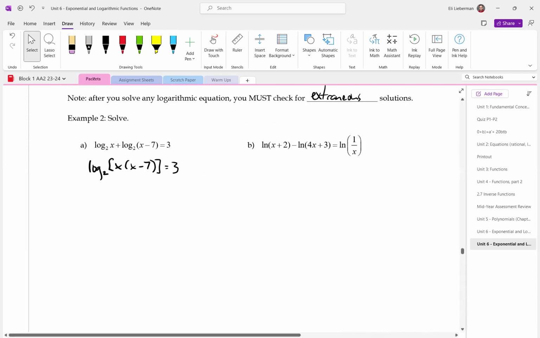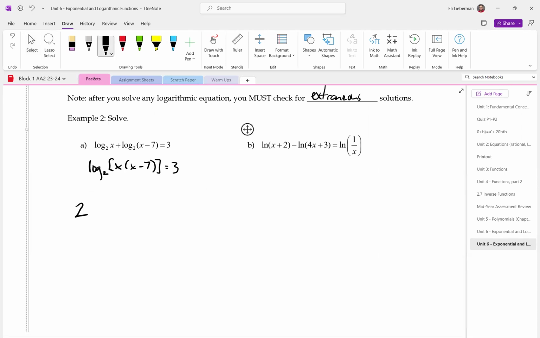Not B yet. So from there, I got 2 to the power of 3 equals x times x minus 7. And then I distributed that x, so 8 equals x squared minus 7x, which led me to 0 equals x squared minus 7x minus 8. Now, some people just from here say that x equals 8 and x minus 7 equals 8.